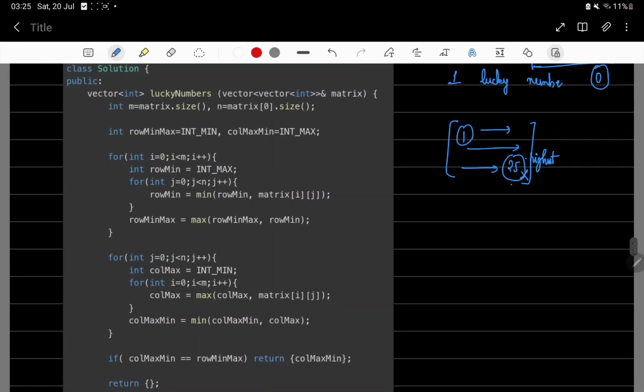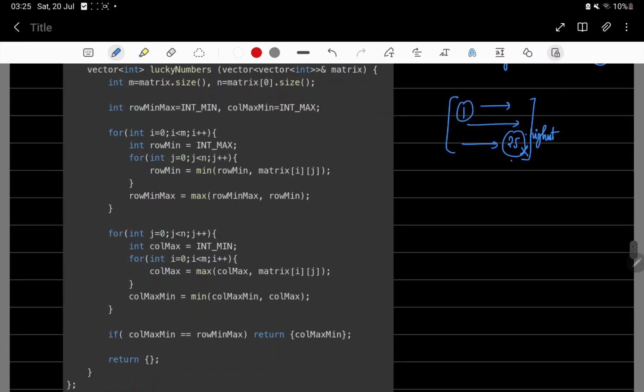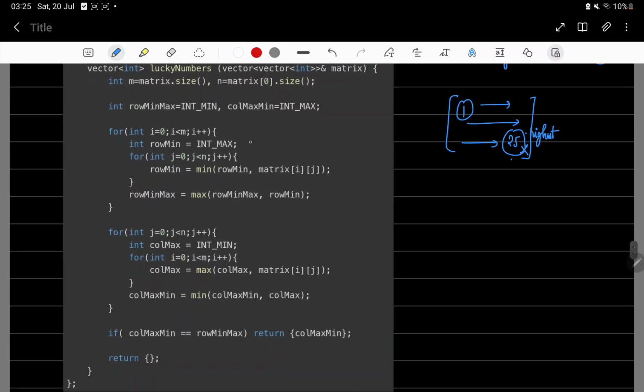Coming to the code part, it is simple. Where I faced challenges was these things. I was just too hasty to submit.